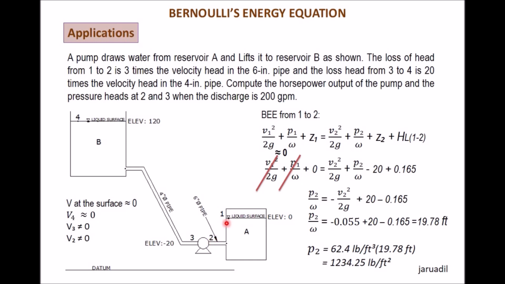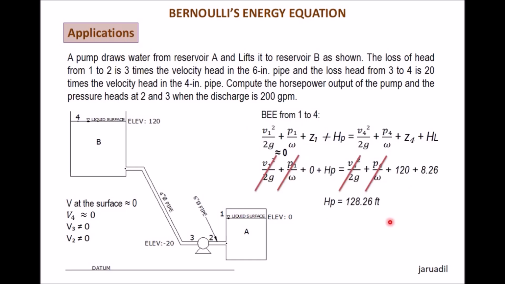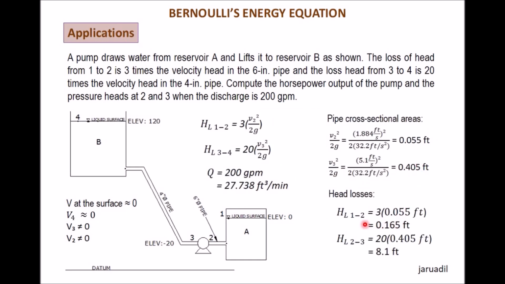So yan ang hinahanap natin. This is the pressure head at point 2, this P2 over omega. Then the elevation at point 2 is negative 20. The head loss from 1 to 2 is 0.165 as we have computed in this part. Head loss 1 to 2, 0.165 feet.